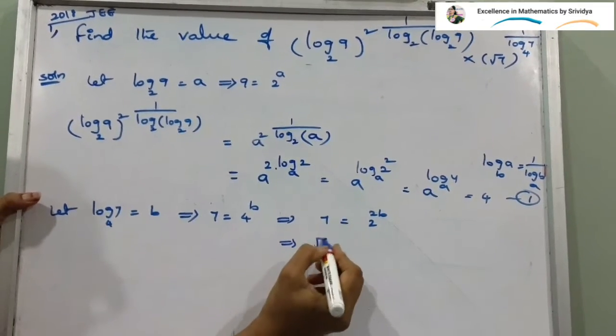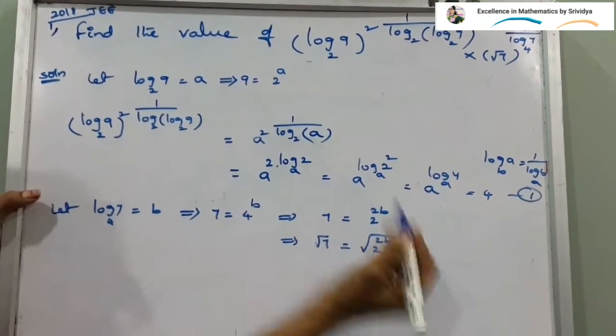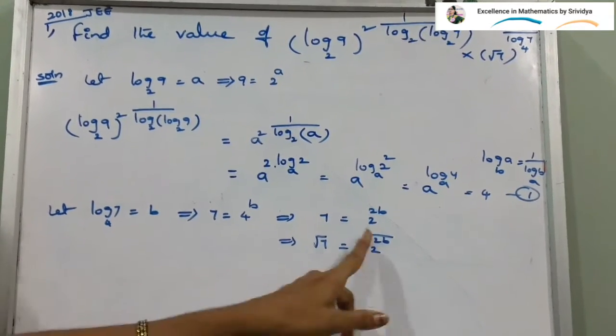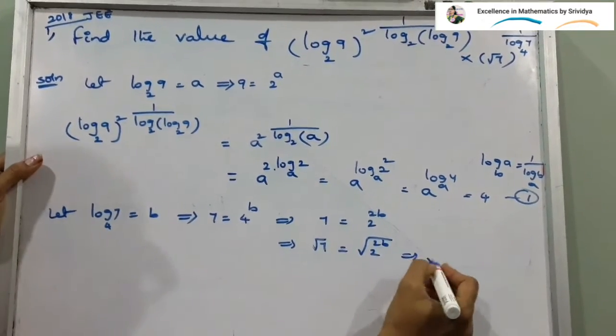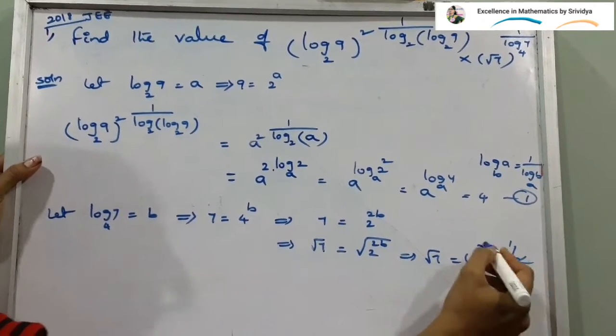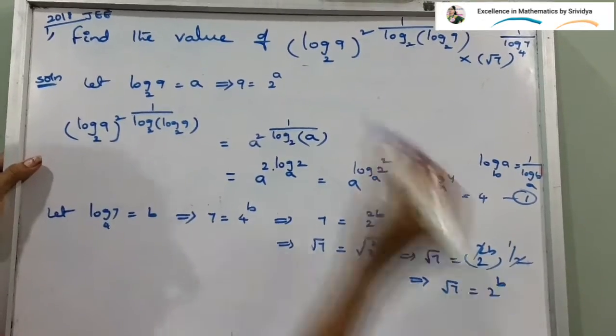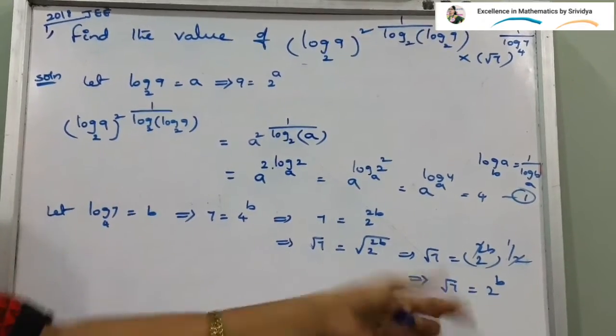Applying square root on both sides, root 7 is equal to 2 power 2b whole power 1 by 2. 2 will get cancelled. Implies root 7 is equal to 2 power b.